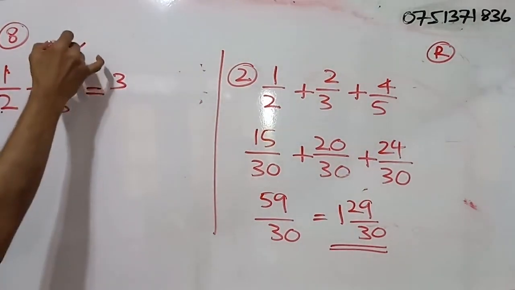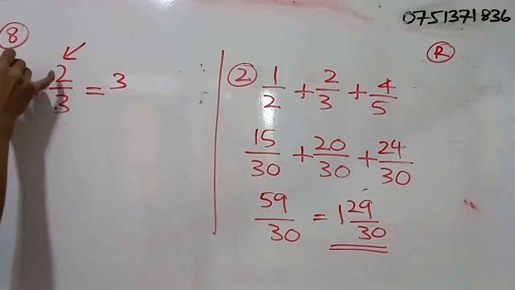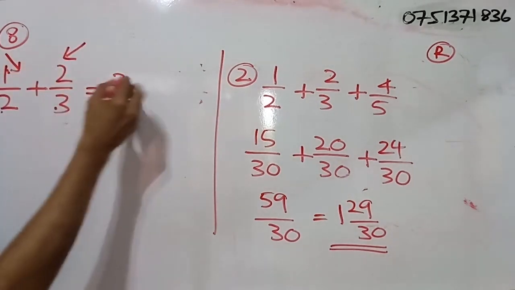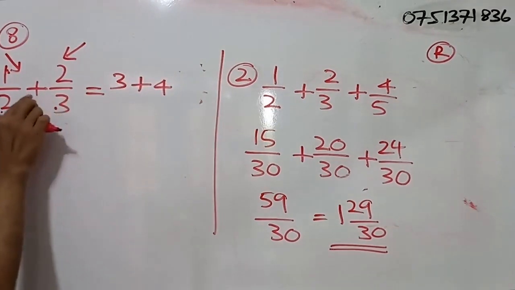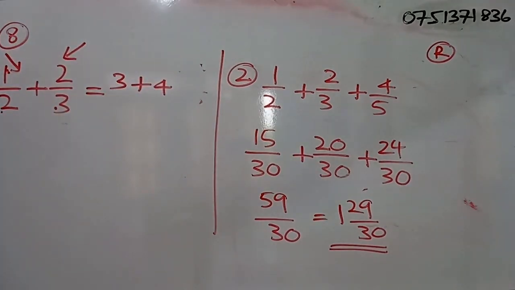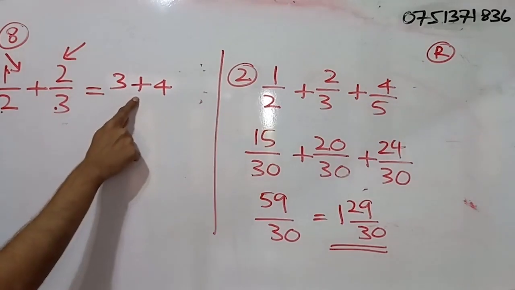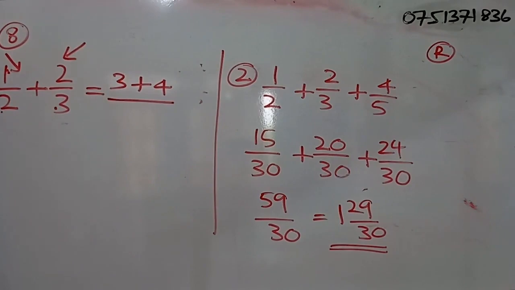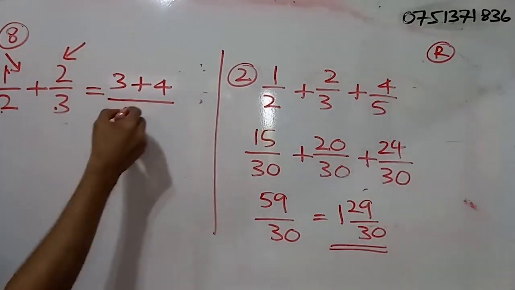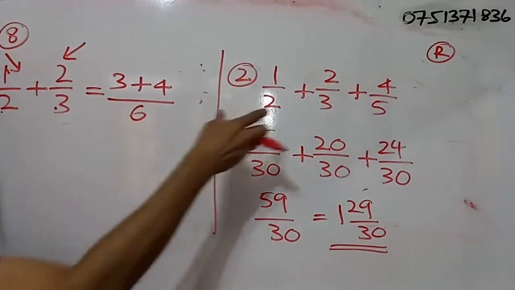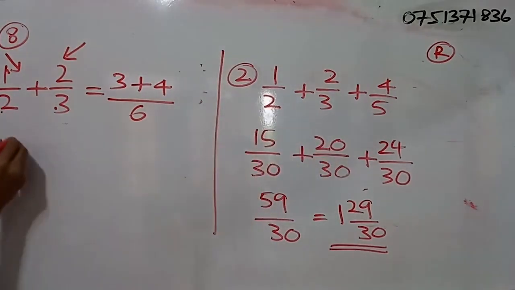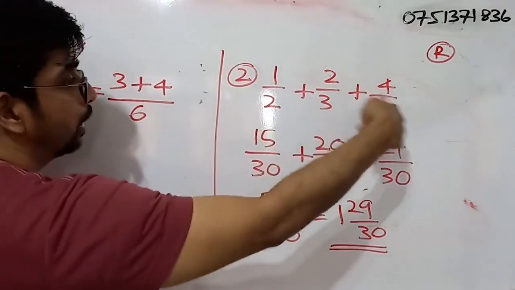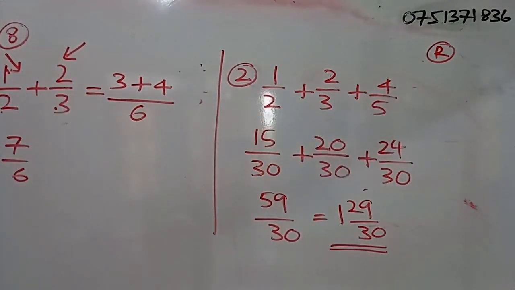Cross multiply in this direction, 2 times 2, we know that is 4. Since we are going to add, the mathematical operation will be plus. Then we have to come up with the numerator. 2 times 3, that will be 6. So when we simplify these two fractions, we get 7 by 6.